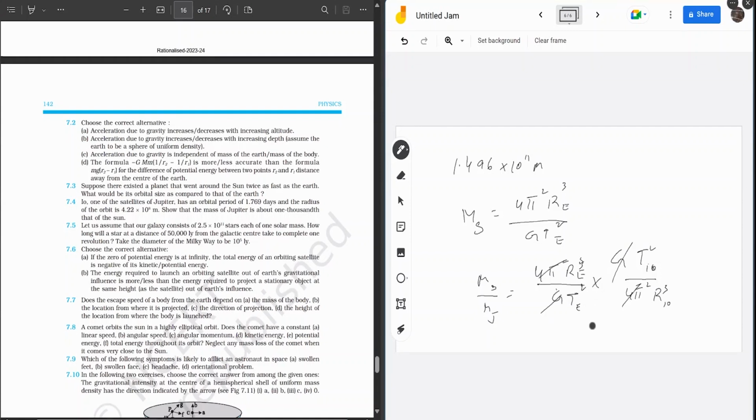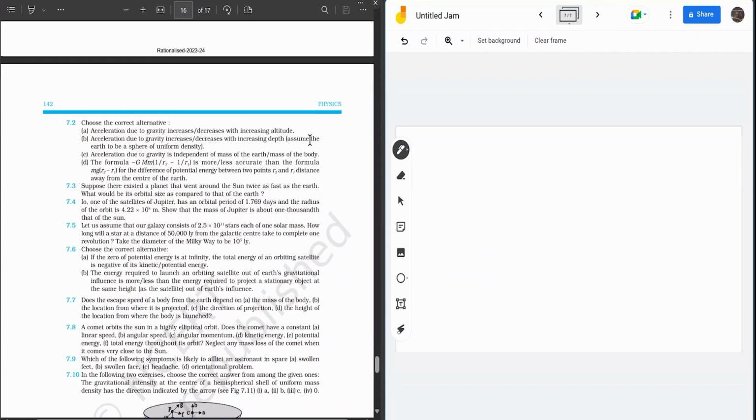Okay, then we'll be left with r cube of Earth into T square of Io divided by T square of Earth into r cube of Io. Okay, if you calculate all this, you get 1045.04, which is approximately 1000. Okay, hence the mass of sun is 1000 times more than Jupiter.